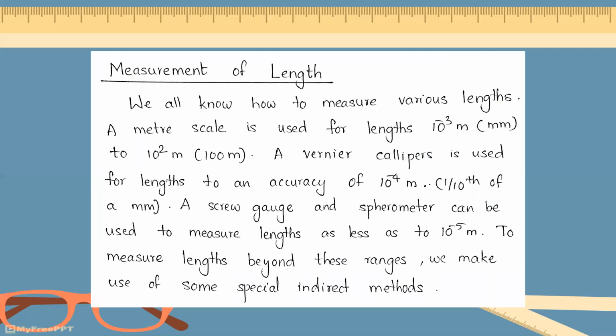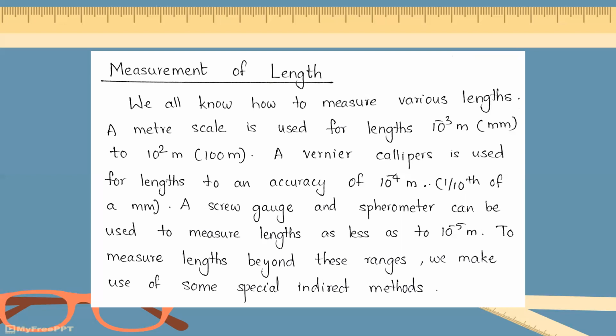But there is also very small length which we have to measure, that is distance between atoms. Not only distance between atoms, but we also have to measure the radius of an atom, radius of an electron, radius of a proton. Like that, we have very small lengths also to measure.